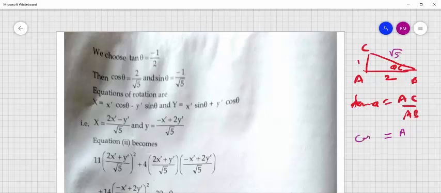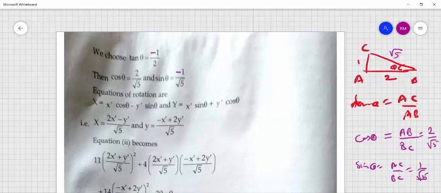So cos theta is equal to the adjacent side, AB upon BC, and that is equal to 2 upon root 5. Similarly, we can talk about sin theta, that is AC upon BC, that is 1 upon root 5. So in this way we calculate, but here minus, why minus? Because here minus is there, that's why minus will be there in sin theta.